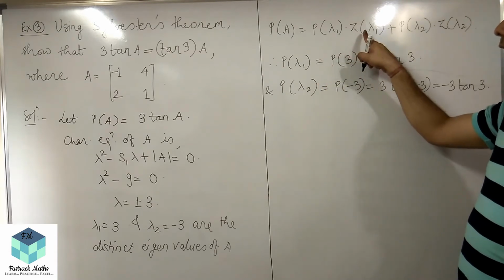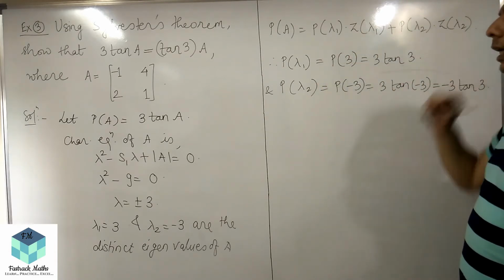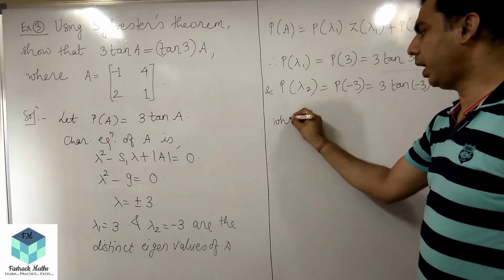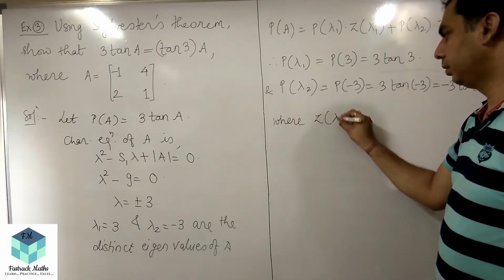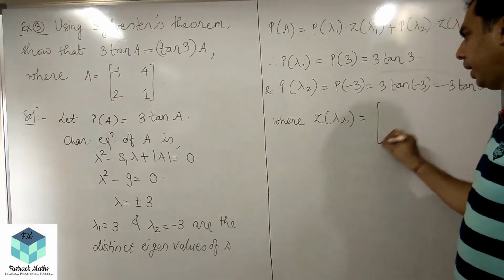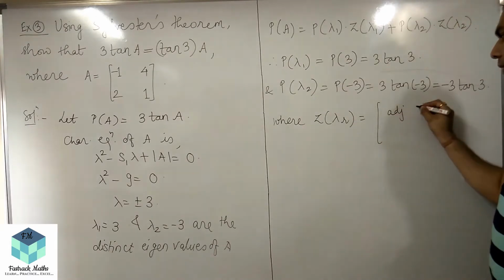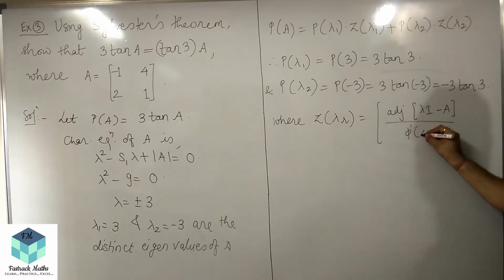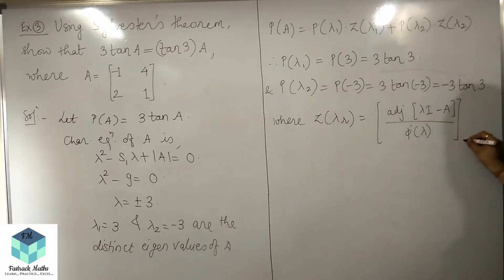Now we will find Z of lambda 1 and Z of lambda 2, where Z of lambda r is given by adjoint of lambda I minus A upon phi dash of lambda, at lambda equal to lambda 1 and lambda 2.